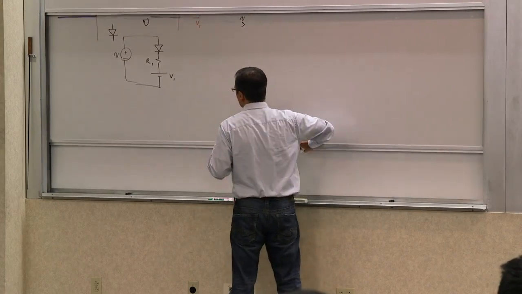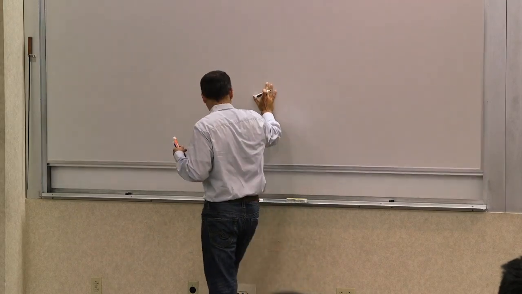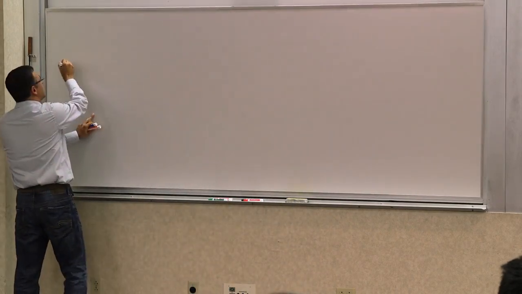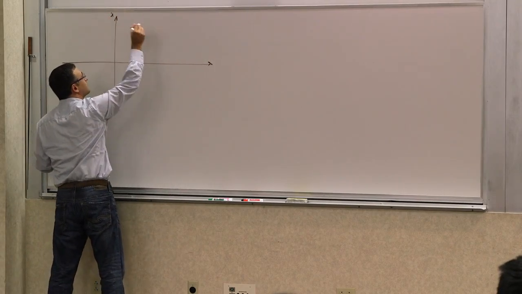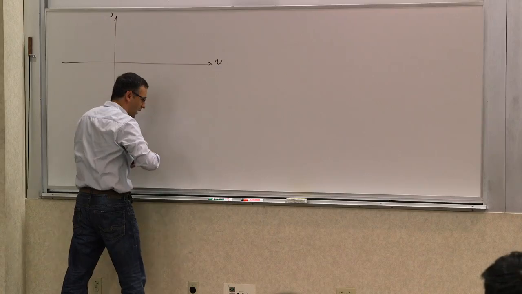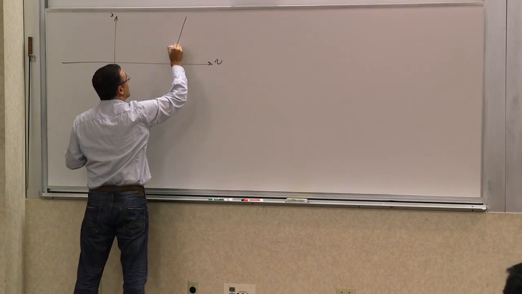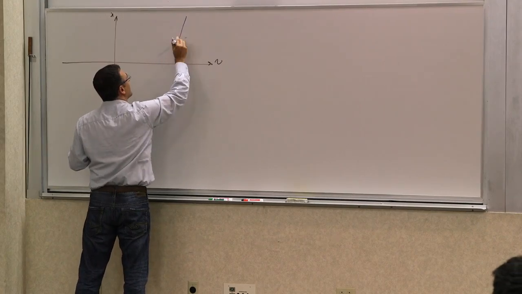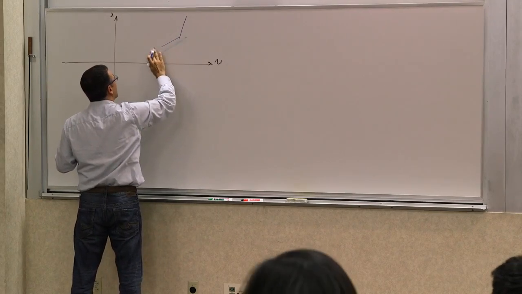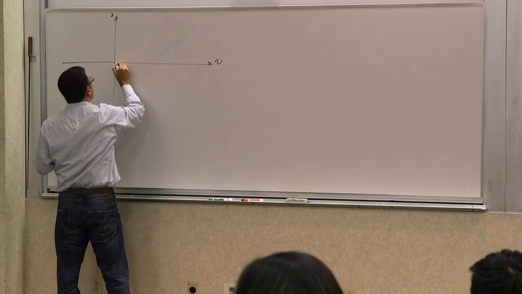Okay, let's use a new whiteboard. So let's say I want to create an IV characteristic that looks like this. Let's start from here.